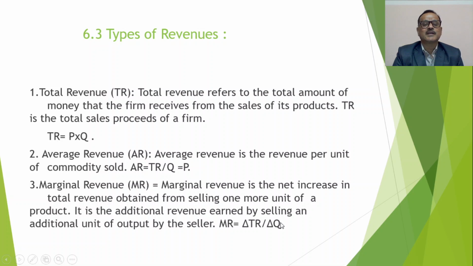So when we sell an extra unit of good in the market, and extra revenue is earned from the sales of that extra unit, that is called marginal revenue.